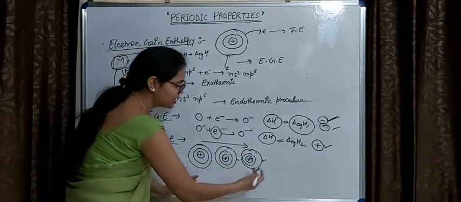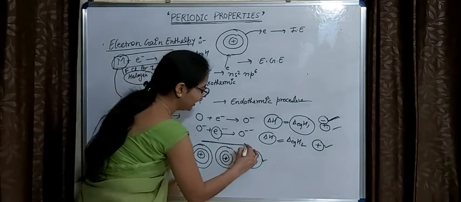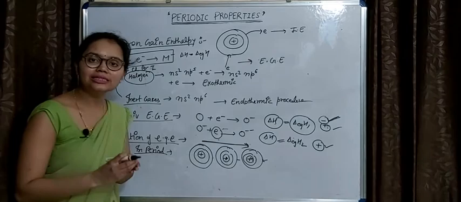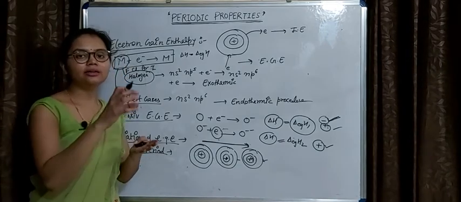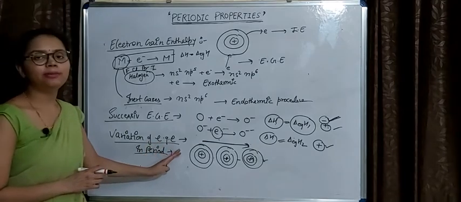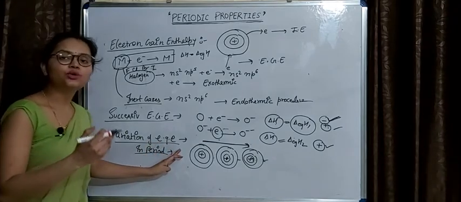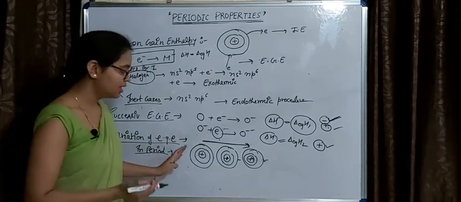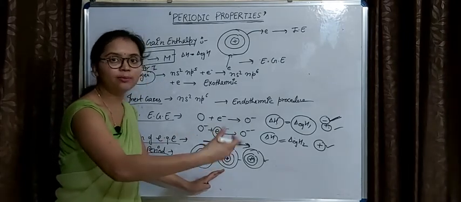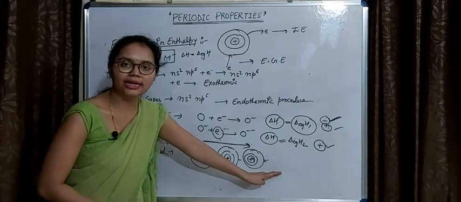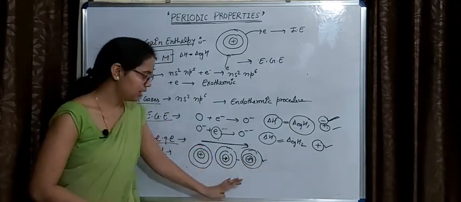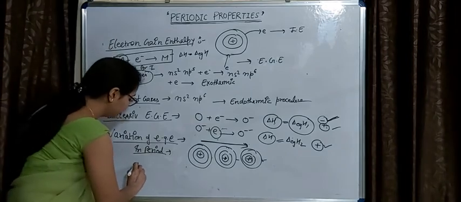So in this way, when we move from left to right, because of the increase in nuclear charge and the constant number of orbits, electron gain enthalpy increases. Electron gain enthalpy increases means we will get a more and more negative value of electron gain enthalpy when we move left to right. Okay, now we will talk about the groups.